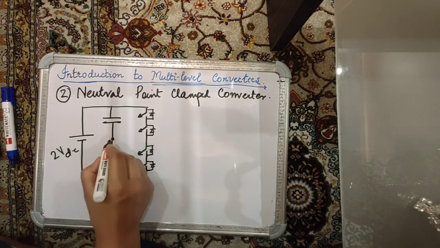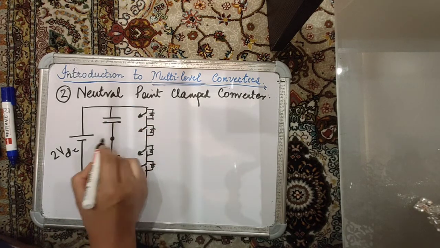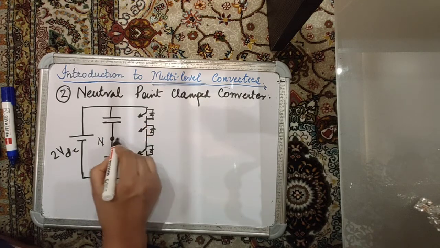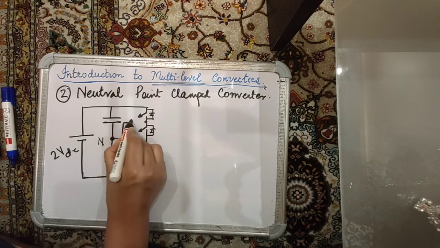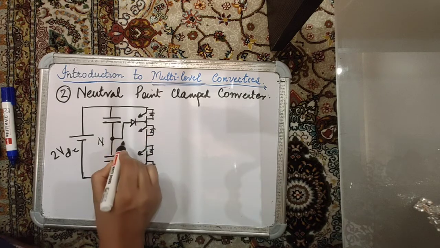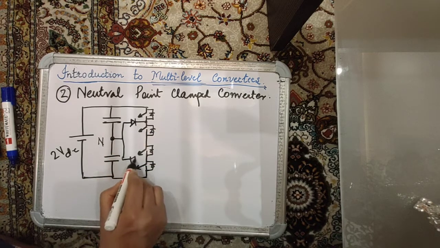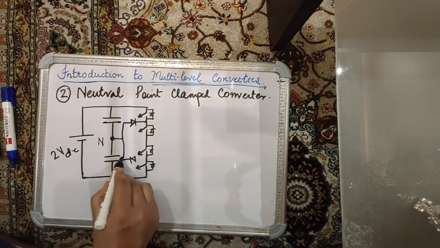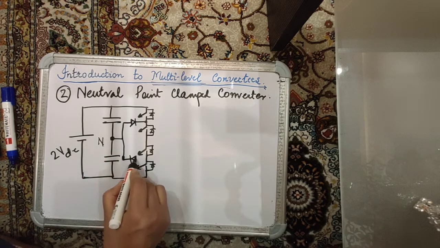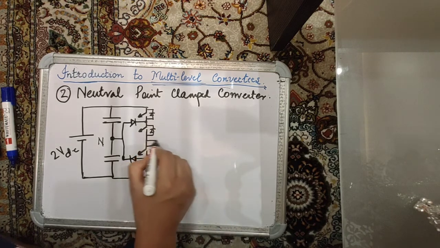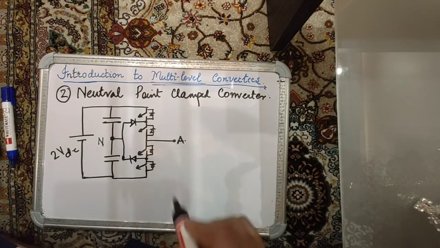And by diode clamping, neutral point clamped, this is the neutral point which is clamped to the in between the switches through diodes. So I have 2 diodes that clamp the middle point of the converter, or this neutral point, to potentials within the leg, right? And this is phase A of the converter.